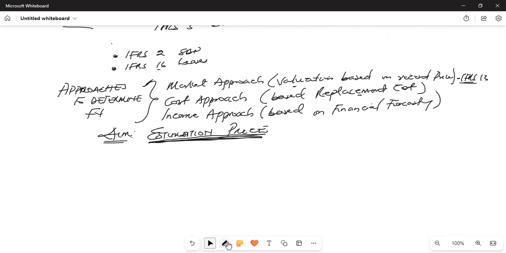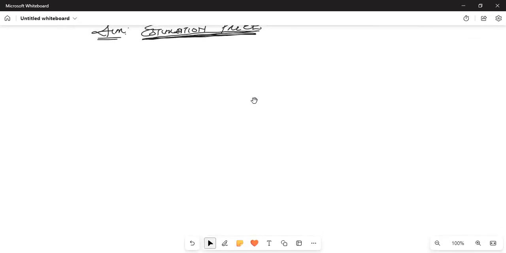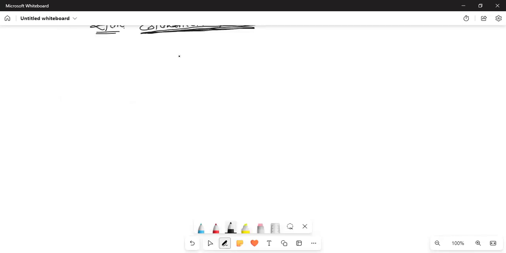IFRS 13 is focusing on the market-specific one. So in the market-specific one, we will be using the market approach. The market approach says that the market-based measurement is what we are using.